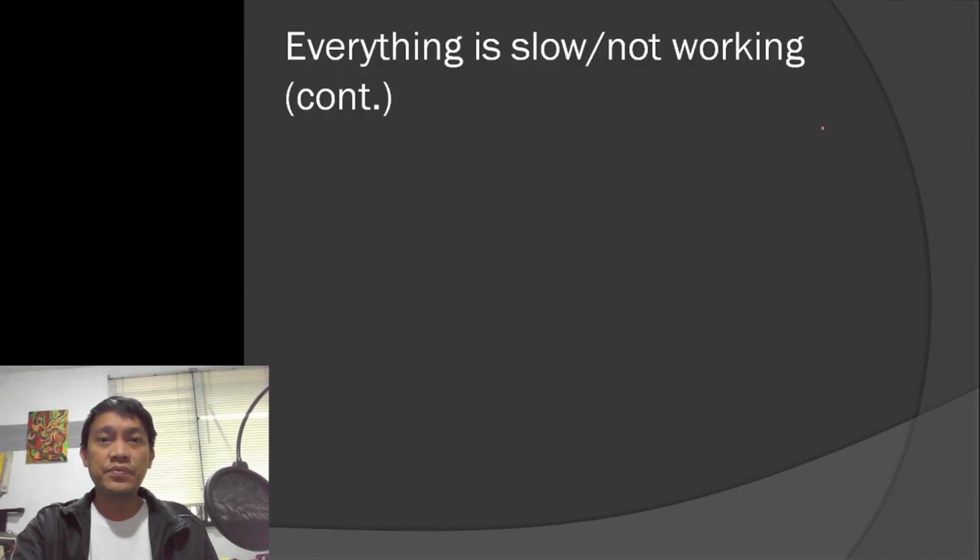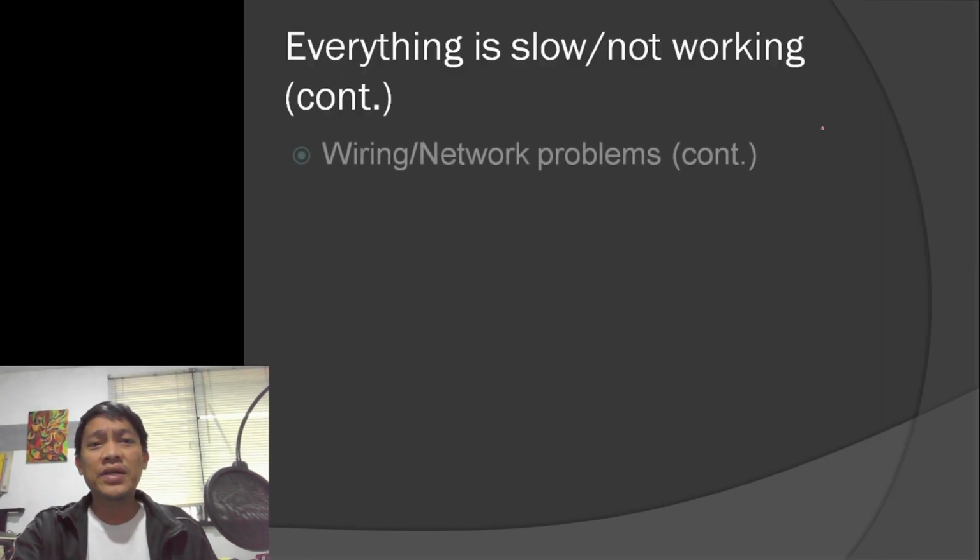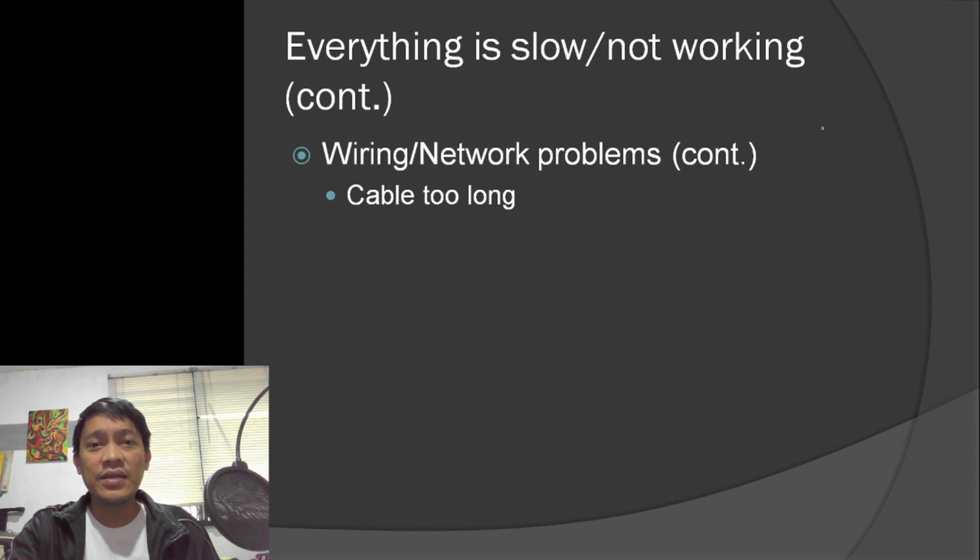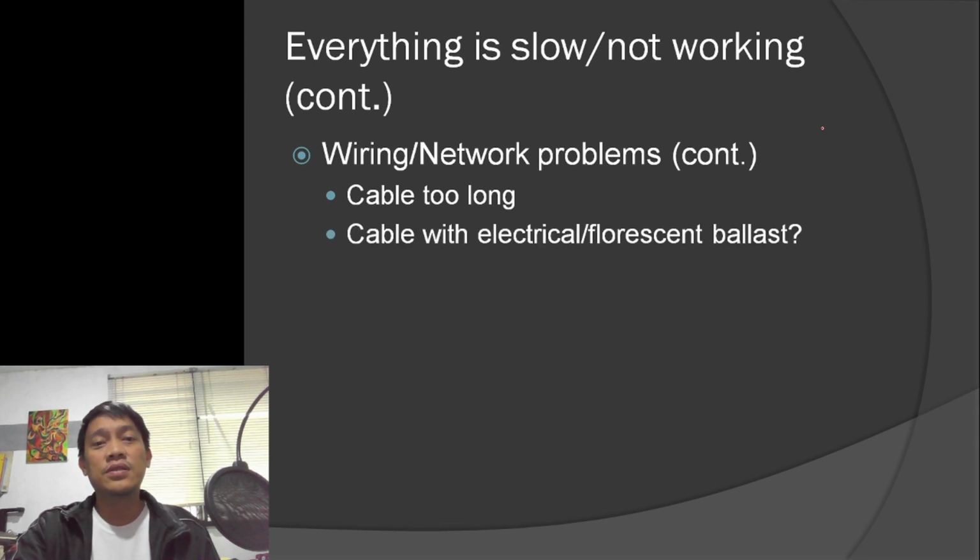Okay? So everything slow or not working, so it will be a wiring network problem. So cable too long, so always consider that for a Cat5 cable, that's 100 meters. So kaya lang, as much as possible, do not deploy a 100-meter cable. So you have to consider lesser length instead of using the entire 100 meters.